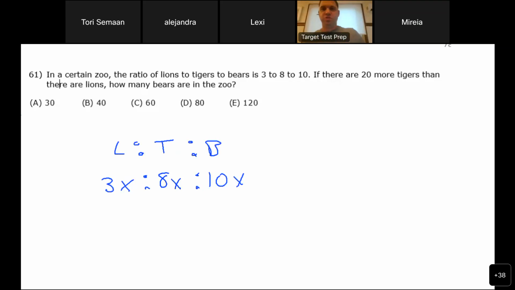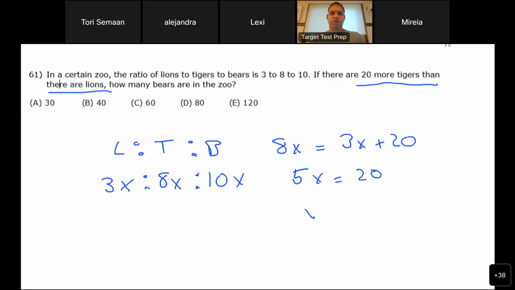And then basically here's your equation, right? 20 more tigers than lions, so tigers is the bigger amount, lions is the smaller amount. 5x is 20, x is 4. How many bears are in the zoo? 10 times 4 is 40.